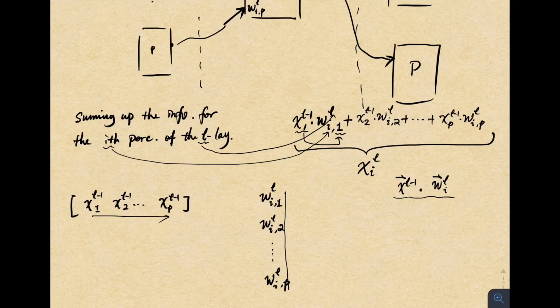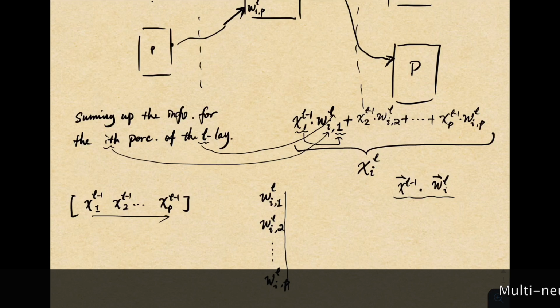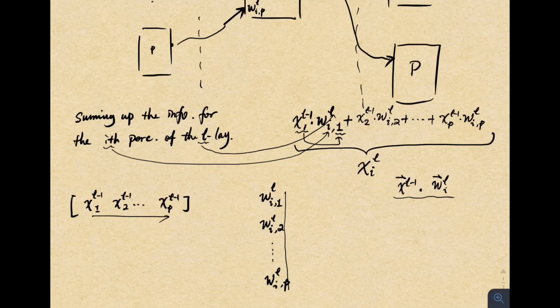But remember, in each layer there can be multiple neurons. So instead of being satisfied with just computing the combination for the ith neuron of the Lth layer, we can write the computation for all the neurons in the Lth layer altogether.